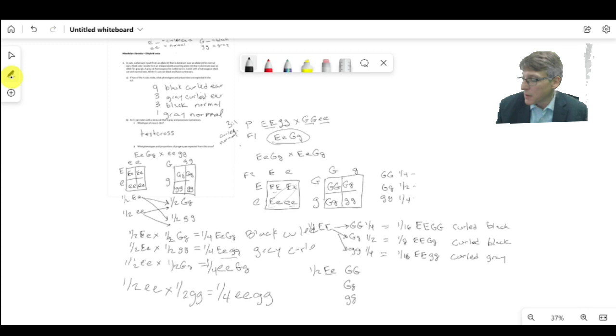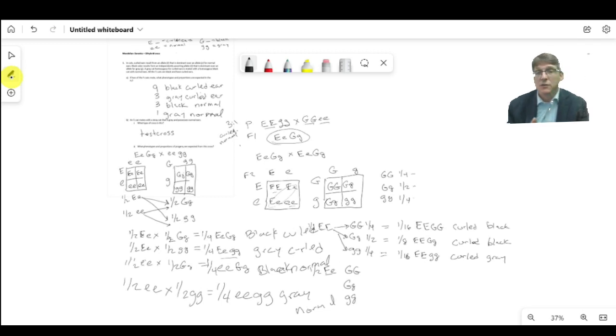These would be the little e gives us normal ears, and the big G, little g gives us a black cat. And then we have little e and little g, which would be a gray, normal-eared cat. Okay. So now the key to understanding this is the fact that the genes assort independently.